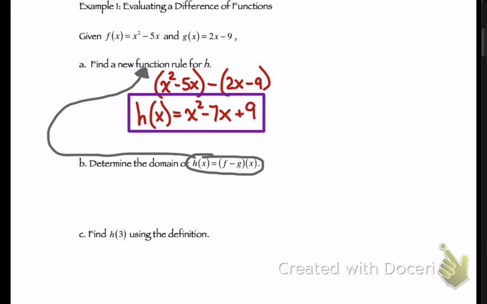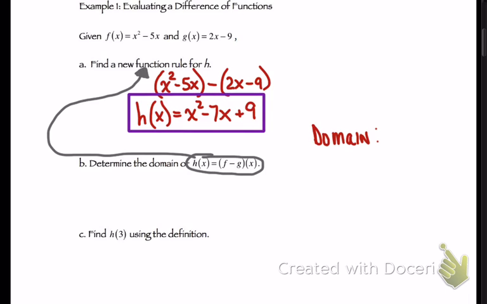Okay, so letter B. I'm guessing you're going to need a little bit of a refresher here. How to find the domain of functions. Well, in finding the domain, we had two problem areas. Do you remember what were the two problem areas when it came to the domain? I thought it was important enough that I should write them down for you.